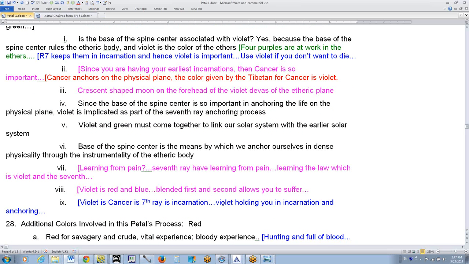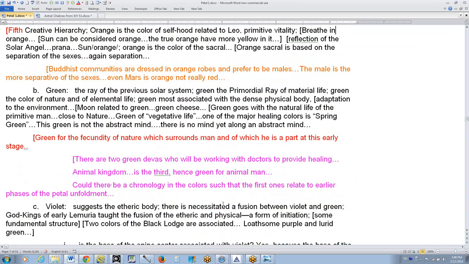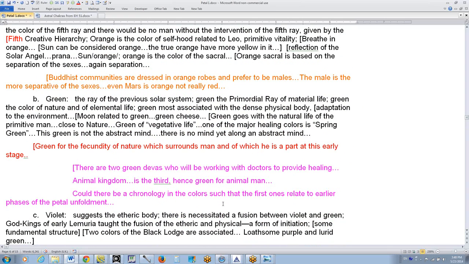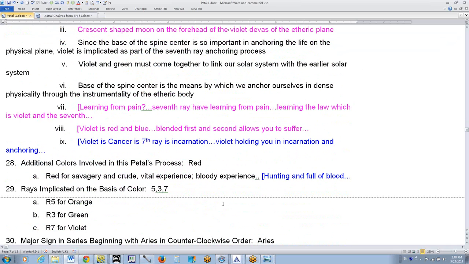Violet is red and blue, so it's the blended first and second, says someone, allows us to suffer. Violet is Cancer, is the seventh ray, is incarnation. So violet is holding you in incarnation and anchoring. So those are some additional thoughts that came in relation to the color violet.